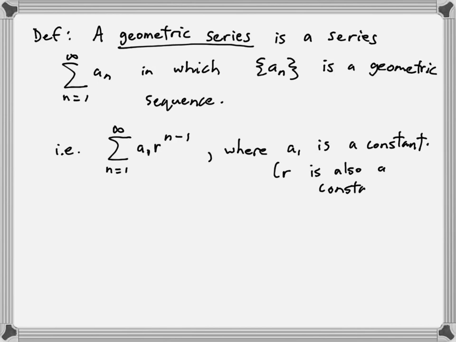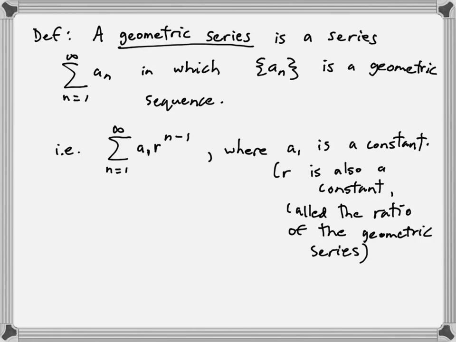And just to remind you, in case it's been a while since you've seen the 11.1 video, this is called the ratio of the geometric series. Okay. So what we need to do is determine whether or not this series converges.